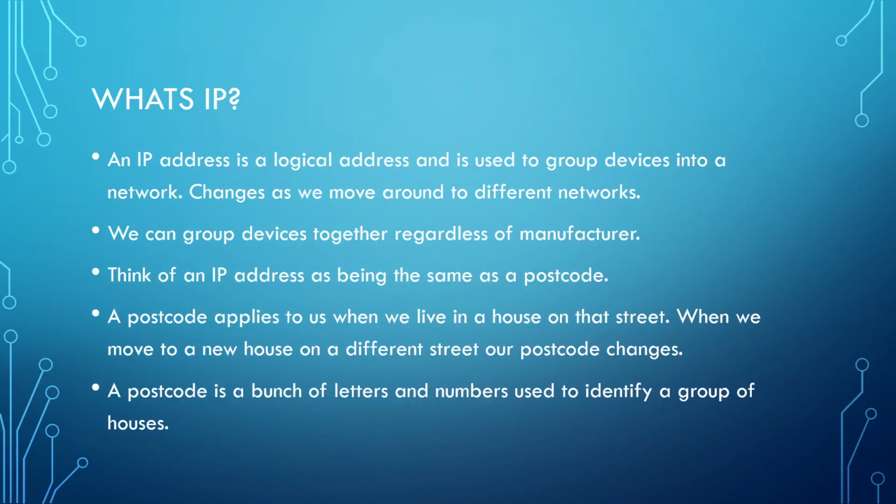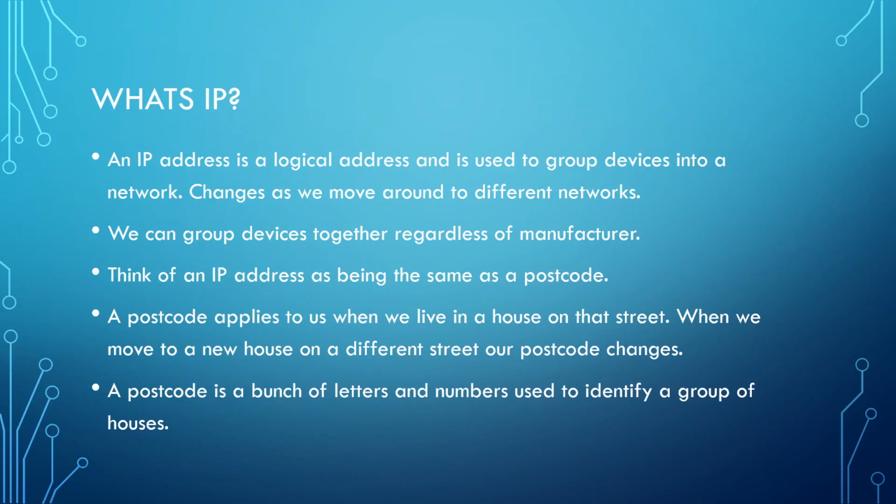Now, I know what the first question on your mind is going to be. What's IP? What's an IP address? You could think of it like this. An IP address is a logical address and is used to group devices into a network. And this changes as we move around to different networks. Another question you probably have is, what do you mean by a logical IP address?